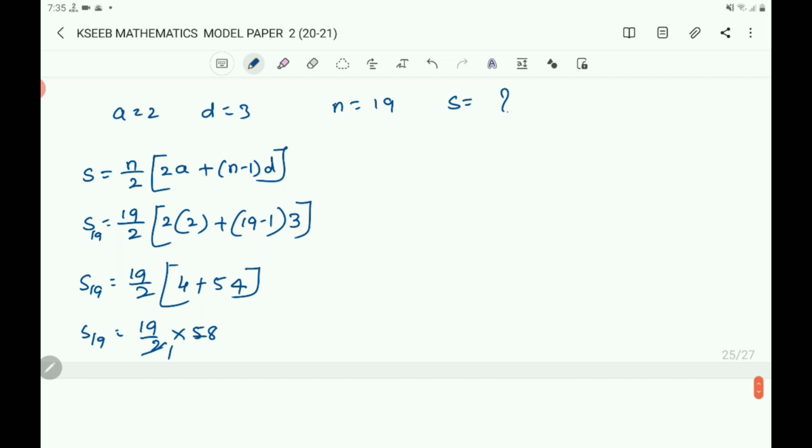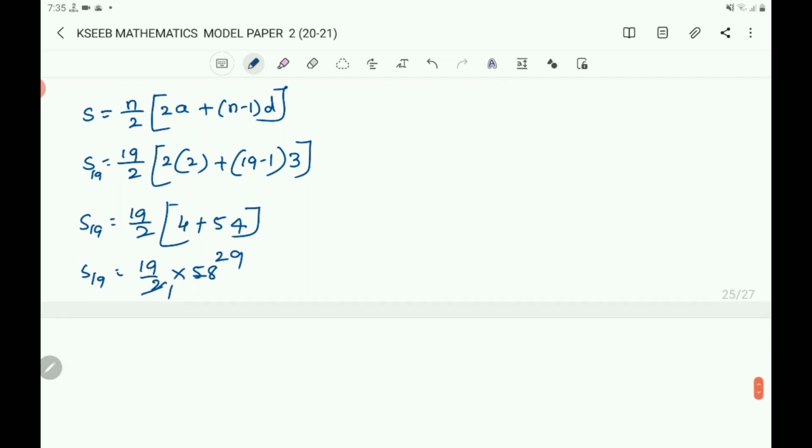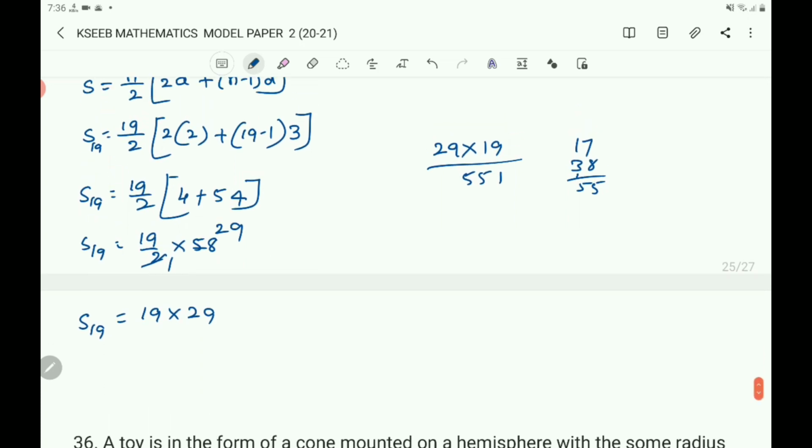Then 2 ones are 2, 2 twenty-nines are 58. Then S19 equals 19 into 29. Then you write 29 into 19. 19 nines are 171. 1 you write here, 17 carry. 19 twos are 38. 38 plus 17 is 55. So you get 551.